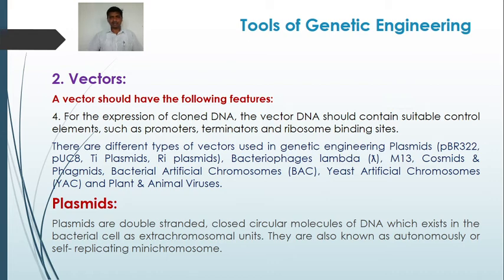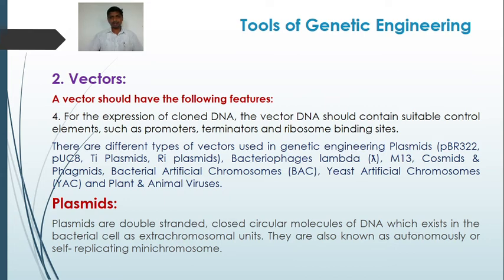In our syllabus we have only the plasmids. So we take two examples, pBR322 and pUC vectors. Plasmids are extrachromosomal, double-stranded, closed circular DNA molecules that exist in the bacterial cell as an extrachromosomal unit. These are self-replicating, or they can replicate autonomously.